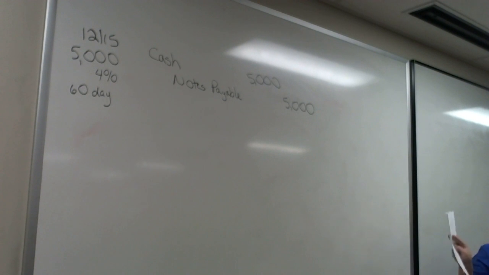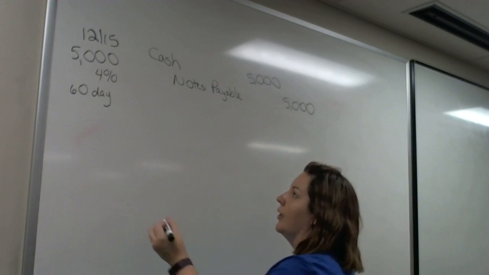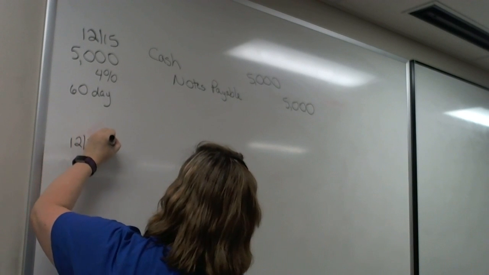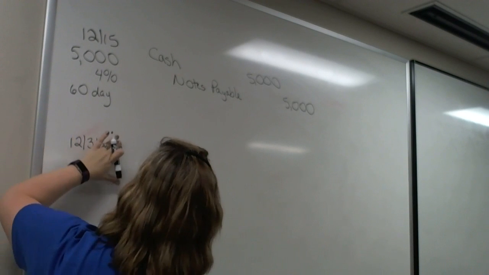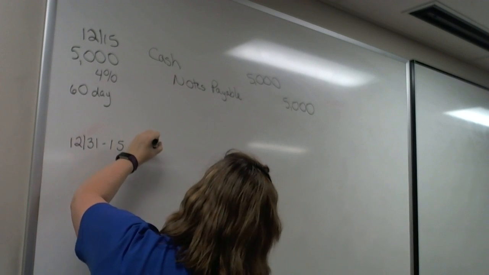Okay. And then we would want to calculate, on this one, we need to calculate the interest due to the end of the year, right? Because we're going to have to recognize accrued interest on December 31st. Then we want to calculate our maturity date and what we're going to pay back in 60 days.